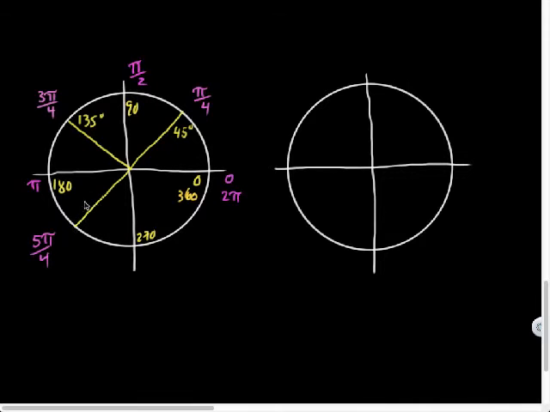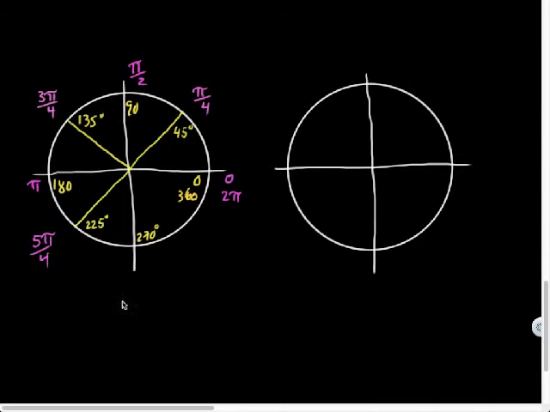And 5 pi over 4 is the same as how many in degrees? 225 degrees is right here. Right, so 180 plus 45 landed me there. And this is 270 degrees.